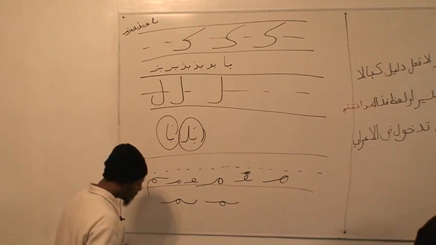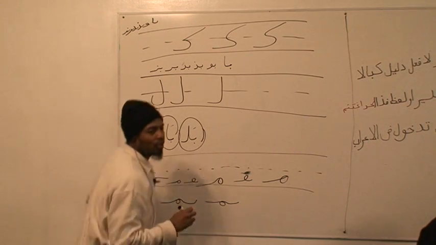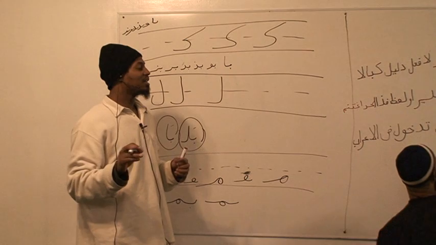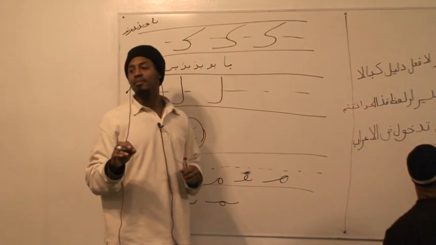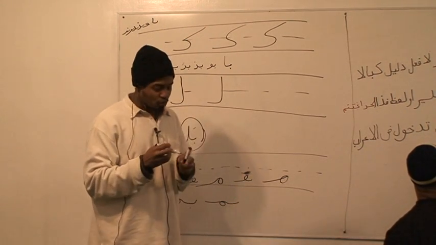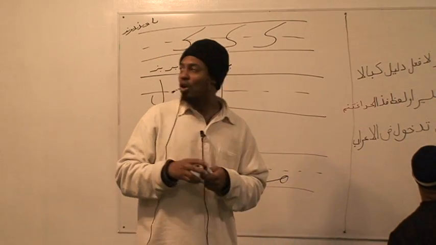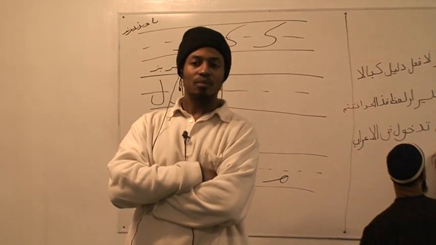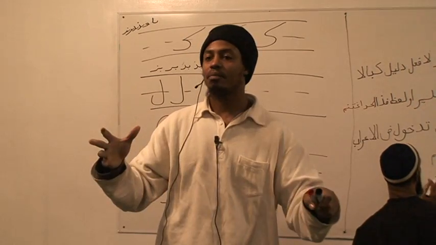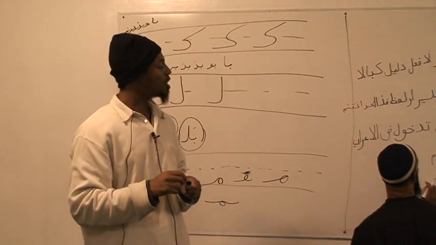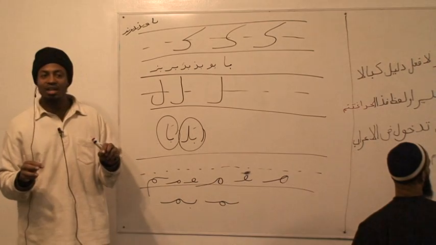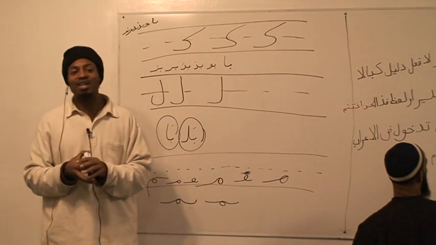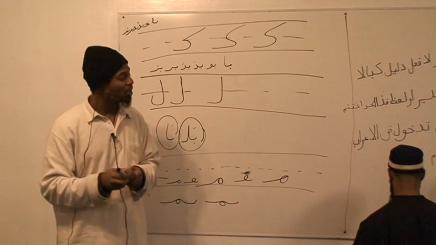Next one. Noon. Noon is in a group of letters that have diacritical marks. What is a diacritical mark? Come on, guys, tell me what a diacritical mark is. Shape. Right. A diacritical mark is any marking on similar letters, and the purpose of that marking is to distinguish it. Why?